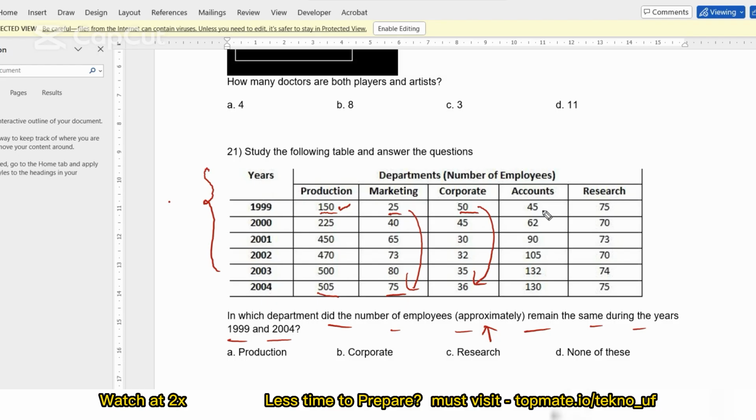Okay, and 45 to 130, it has also increased by 3 times. 75 to 75, you can see this is not almost, not approximate, it is fully the same. So you can opt for this department, research. In this department, the number of employees remained the same during the years 1999 to 2004. So the correct answer will be the research department.